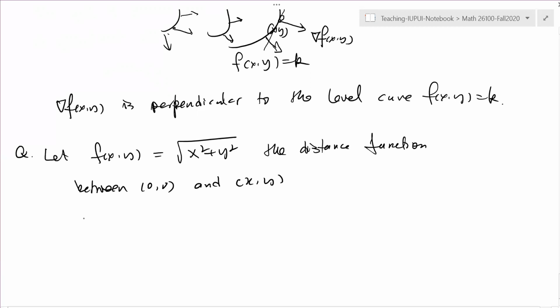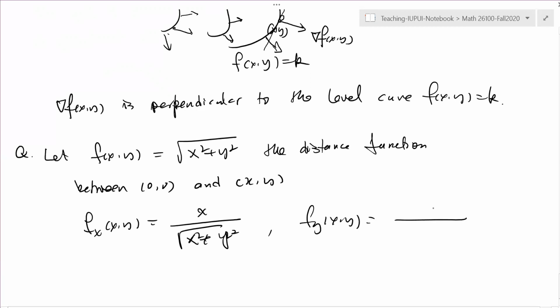Let's take a look at the partial derivatives. When I differentiate with respect to x, I get x over the square root of x squared plus y squared. When I differentiate with respect to y, I get y over the square root of x squared plus y squared.